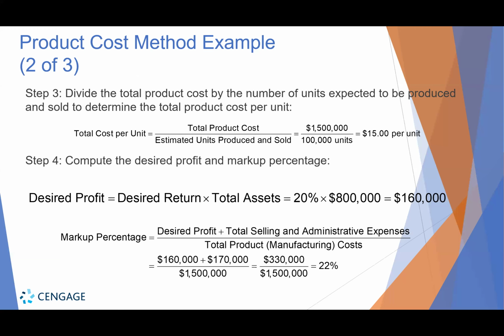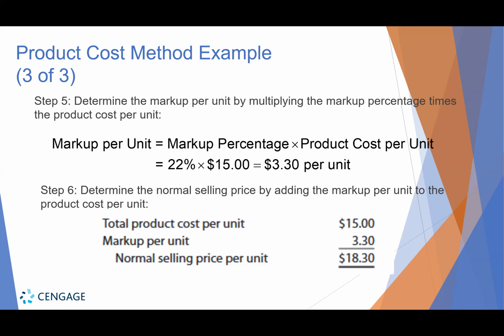So we would take our costs plus our profit we want and divide that by our total manufacturing costs to come up with the markup of what we need to sell the products for.